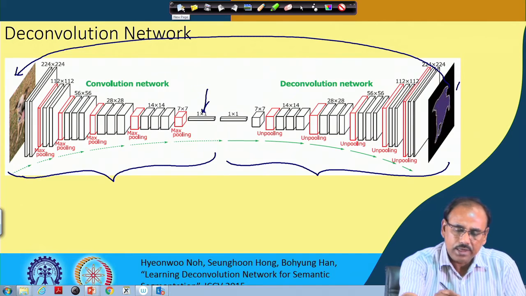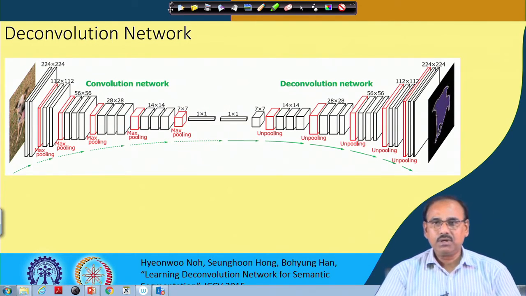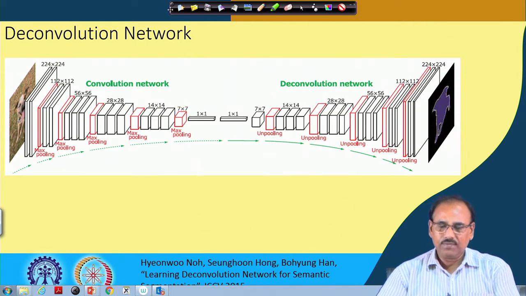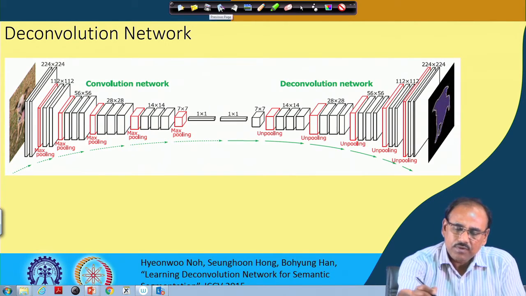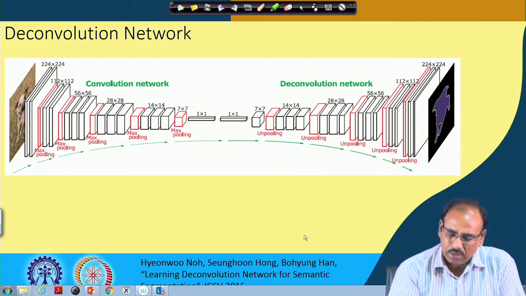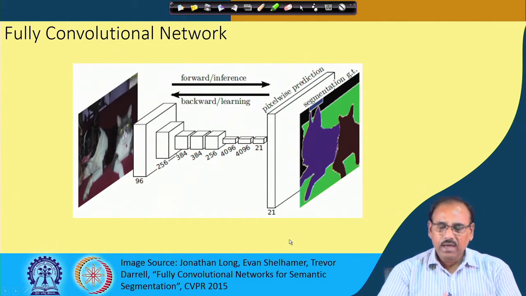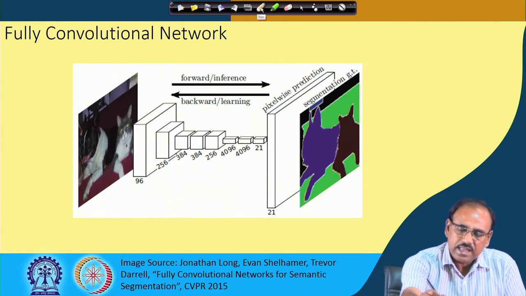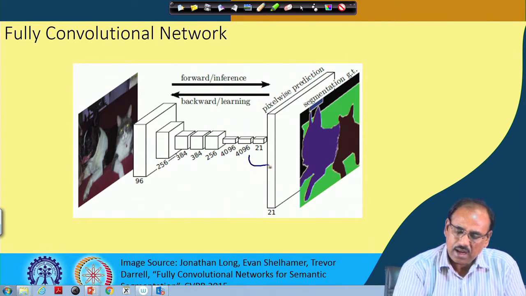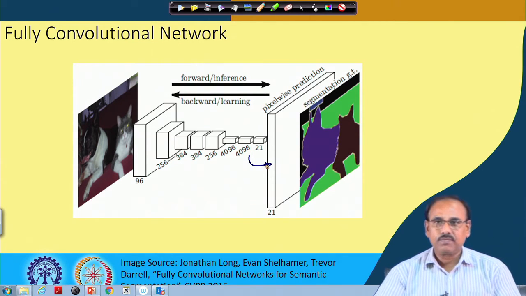This is what you get in the case of the deconvolution network, where the upsampling is done gradually. Whereas in the case of the convolutional neural network or fully convolutional network that we have shown before, the size expansion is done either in one step or in a limited number of steps.